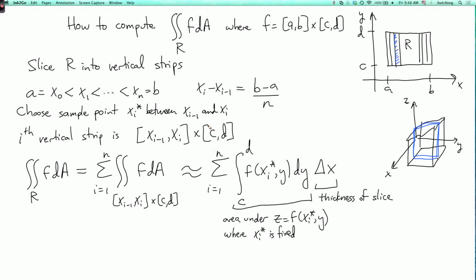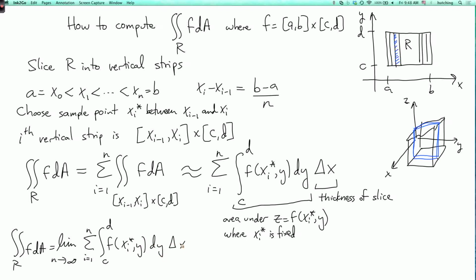So we expect that the double integral over R of f dA is the limit as n goes to infinity of the sum from i equals 1 to n of the integral from c to d of f of xi star, y dy, times delta x. Let's put this integral in parentheses here.